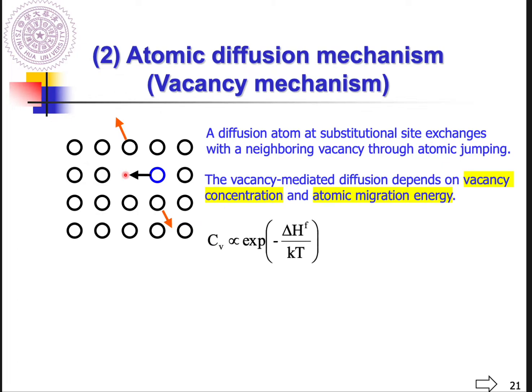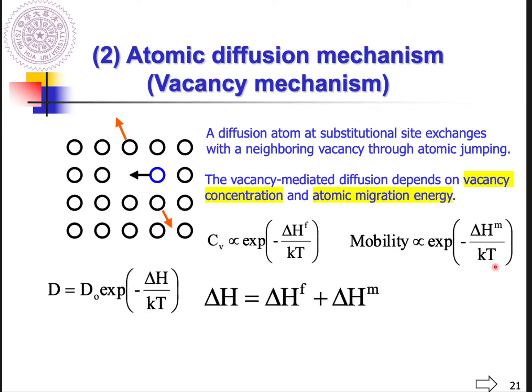The concentration of vacancy is proportional to exponential minus vacancy formation energy divided by kT, the working temperature. And regarding the atomic migration energy, the mobility of the atom is proportional to exponential minus migration energy divided by kT.